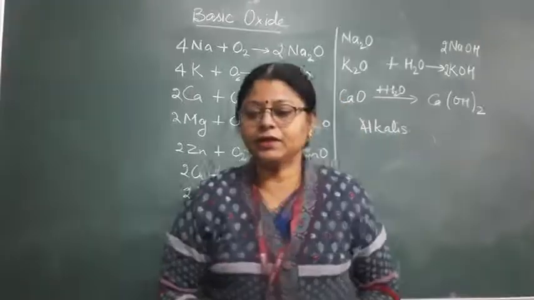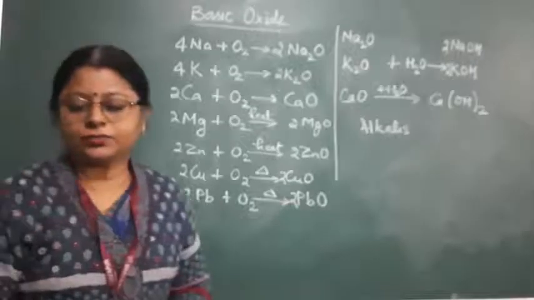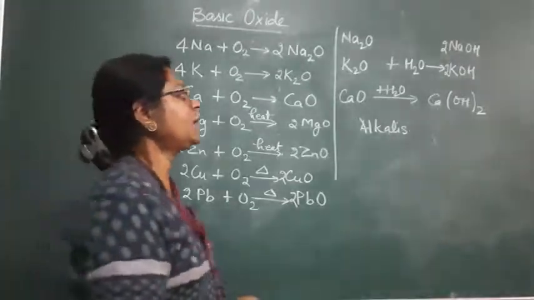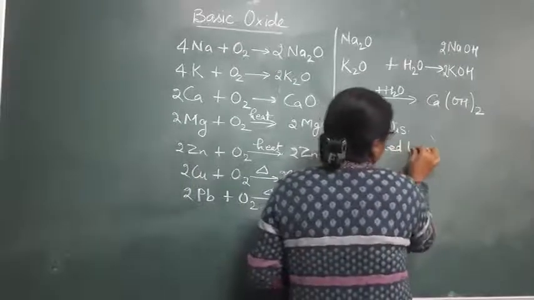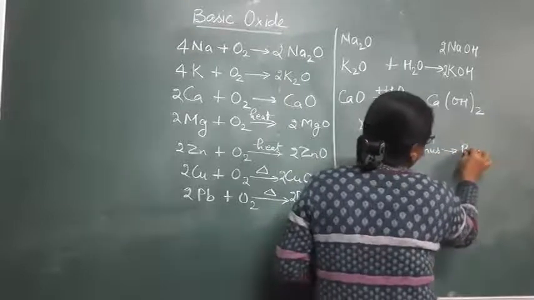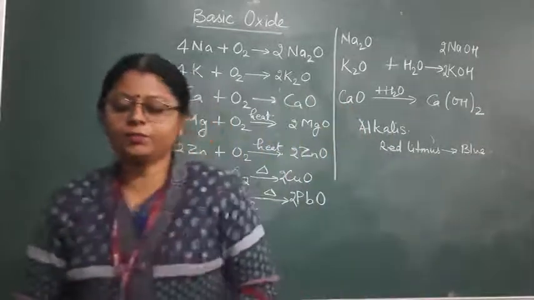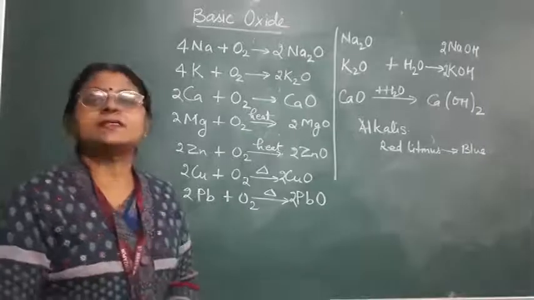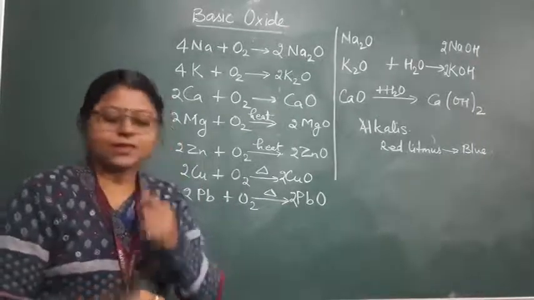And these alkalis are basic in nature, and that's why they turn red litmus into blue. Means the color of the red litmus paper changes into blue in the presence of these alkalis, or when we dip the litmus paper in these alkalis.